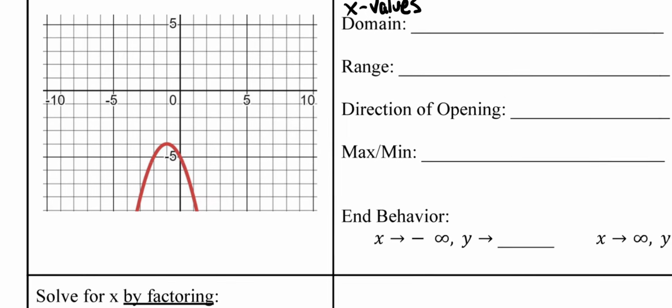Because we're talking about the x values, it is important also to keep in mind that if your graph goes to the edge of the graph, we're going to assume that it continues. So there's an arrow there, and here as well.